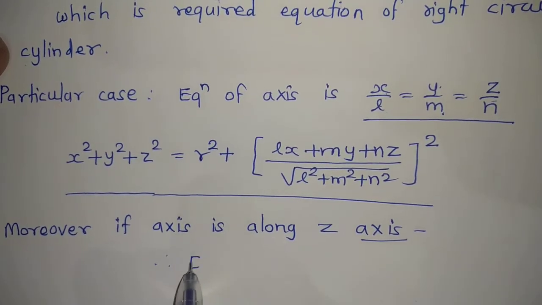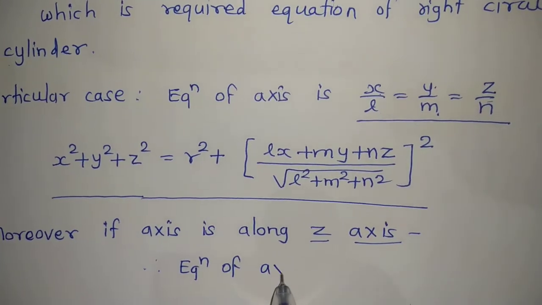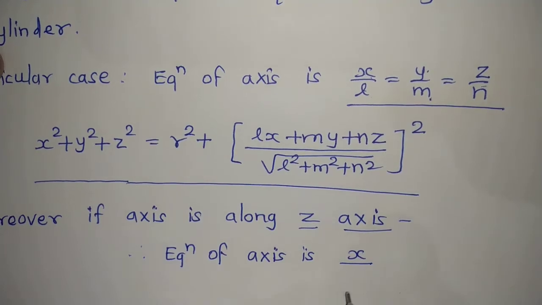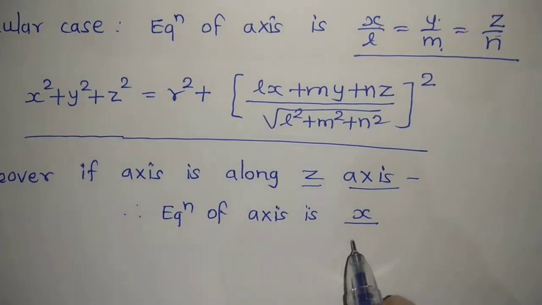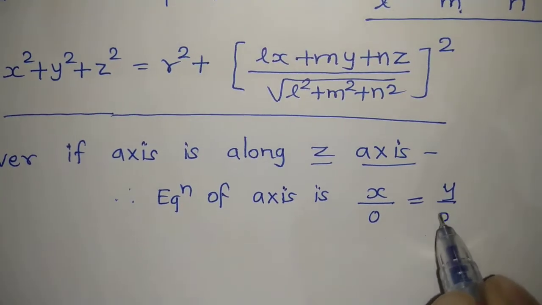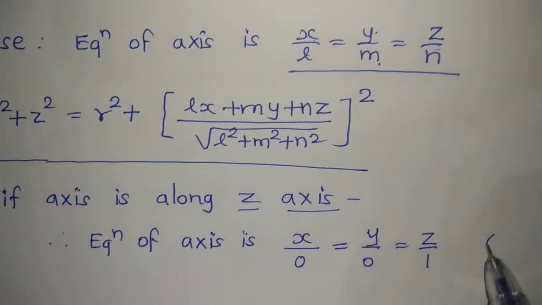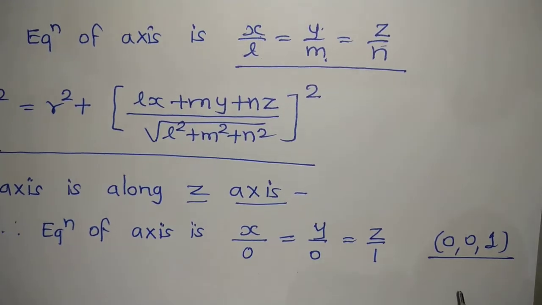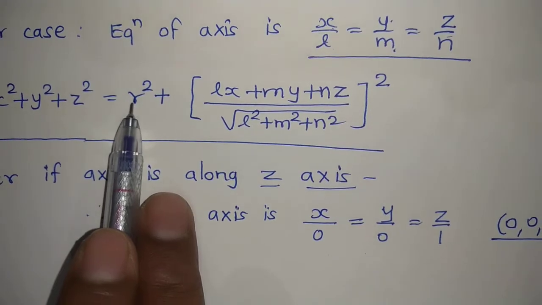Since the z axis passes through the origin, the equation of the axis is x/0 = y/0 = z/1. These 0, 0, 1 are the direction cosines as well as the direction ratios of the z axis. And the radius will remain the same, r.